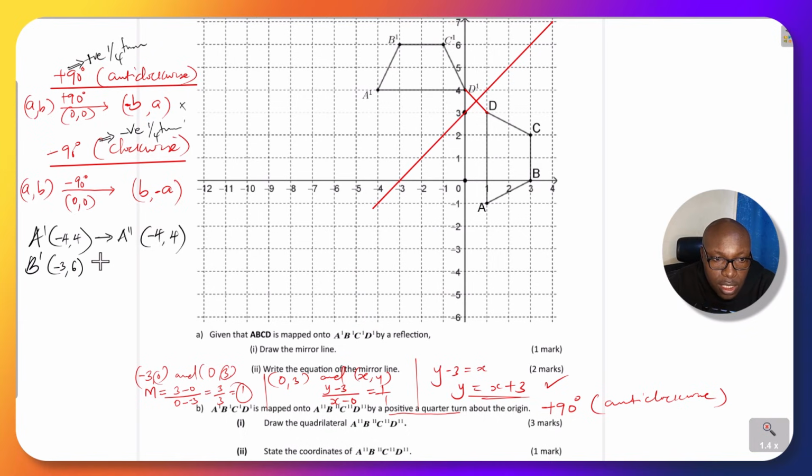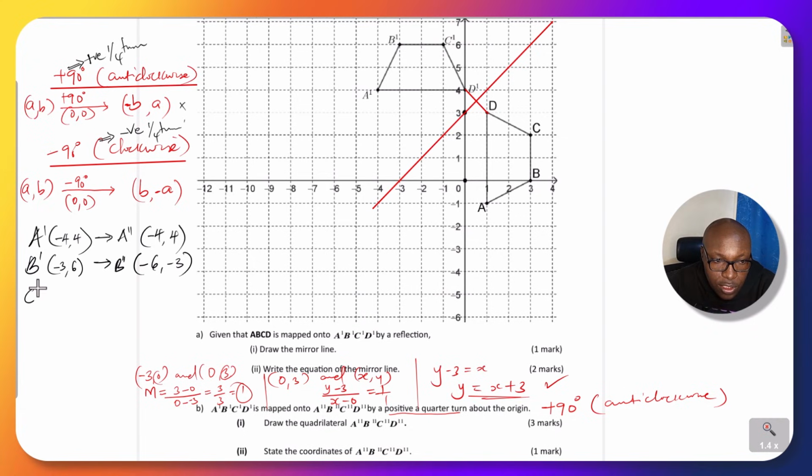So this is what you get: negative 6, negative 3. So look at what is happening to the coordinates. AB becomes minus BA. So you first interchange the coordinates and then you negate the new x coordinate.